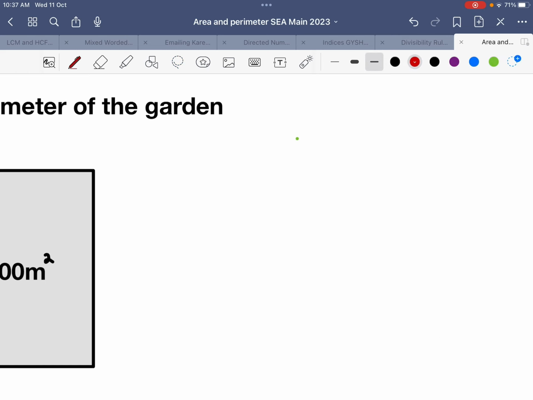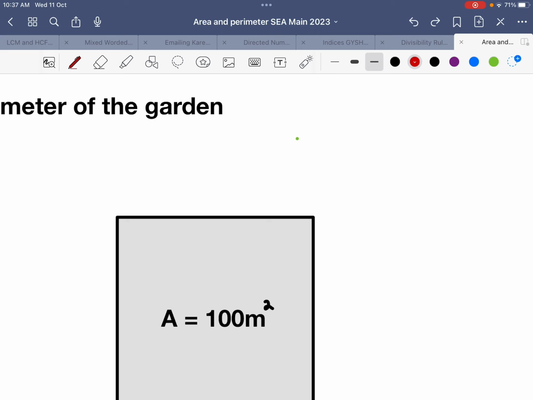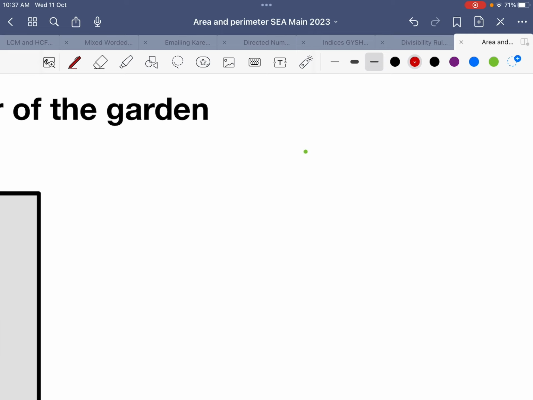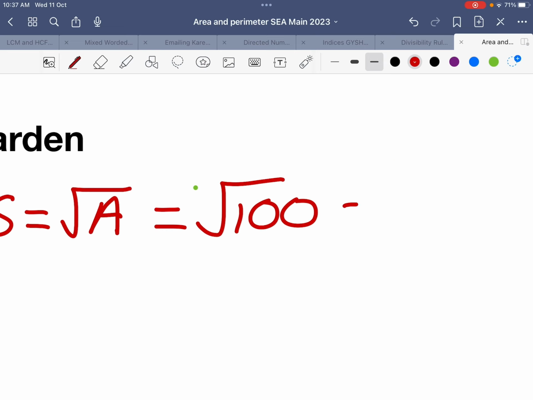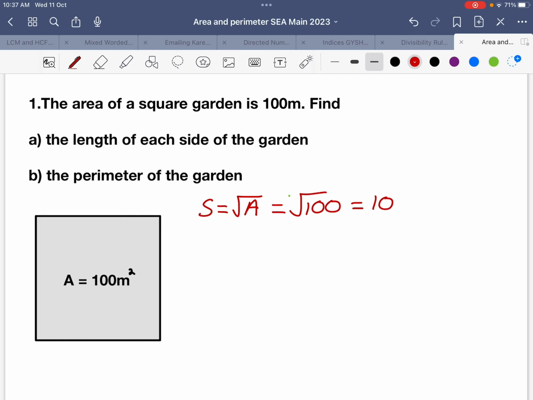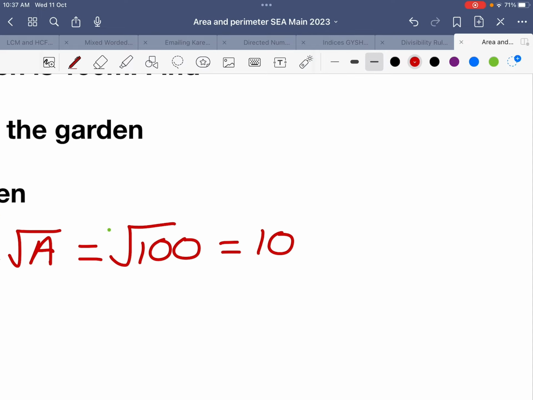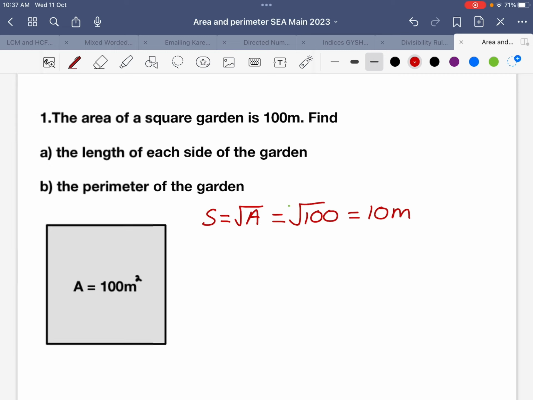So the side of a square is equal to the square root of the area, which we are given as 100. So the square root of 100 is equal to 10. So that's 10 meters. So that will be your answer for part A. Answer equal 10 meters.